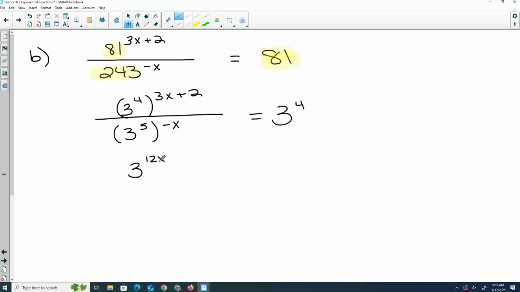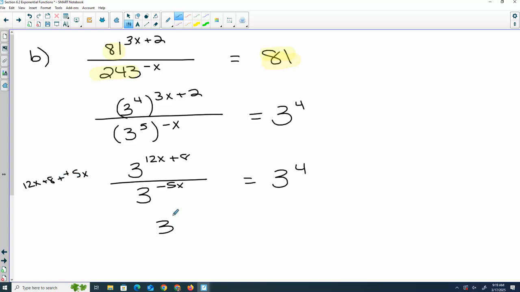So you get 3 to the 12x plus 8 over 3 to the negative 5x equals 3 to the 4th. If we are dividing, what do we do with the exponents? Subtract them. So you're thinking 12x plus 8 minus negative 5x.